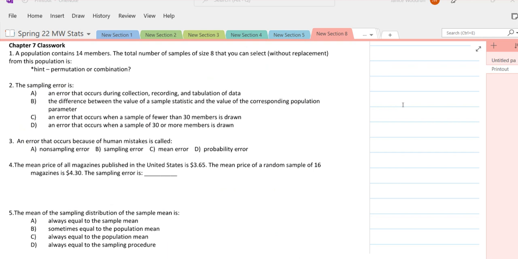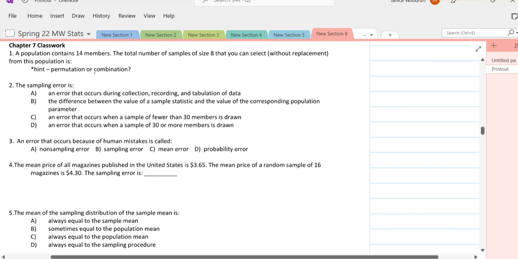So number 1, we have a population contains 14 members. The total number of samples of size 8 that you can select without replacement is what? Do you guys remember how to do this? Is this permutation or combination? Combination. It is a combination because the order does not matter.